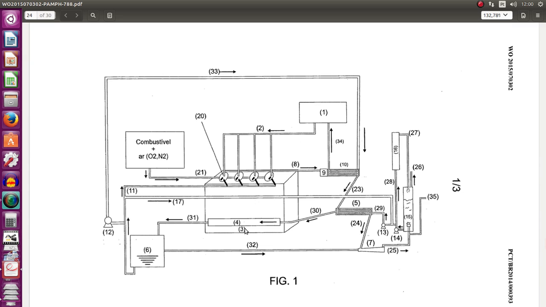So the last invention is the number 6. That's just the liquid sprayed in the combustion chamber just after the chemical reaction. So it's a low pressure spray after the chemical reaction. Actually, it's just after, in the beginning of the expansion stroke.